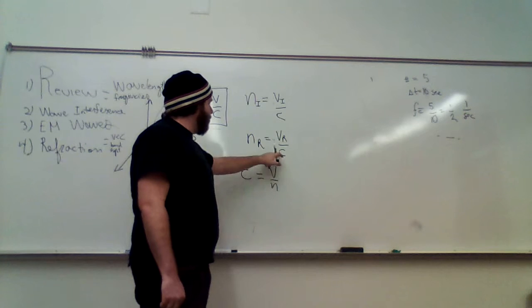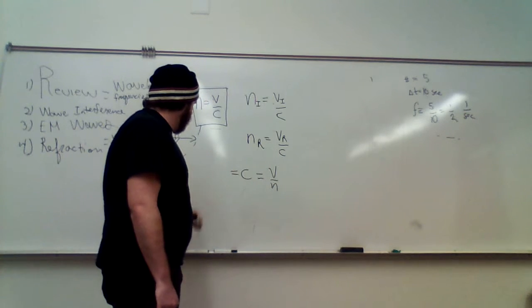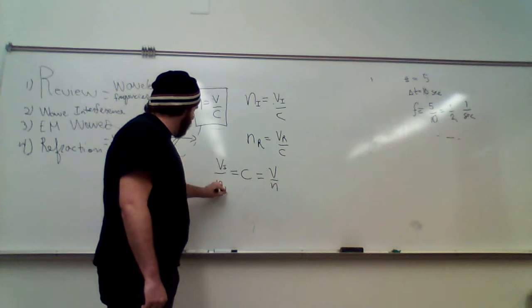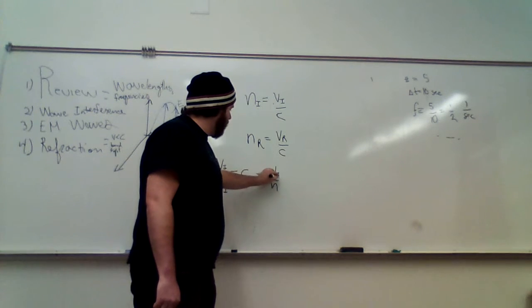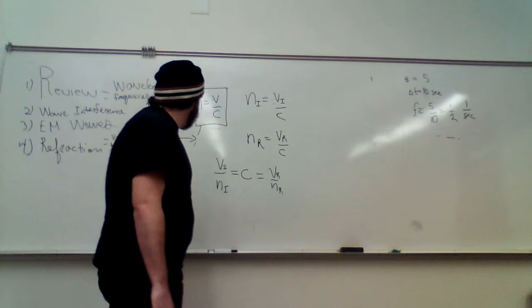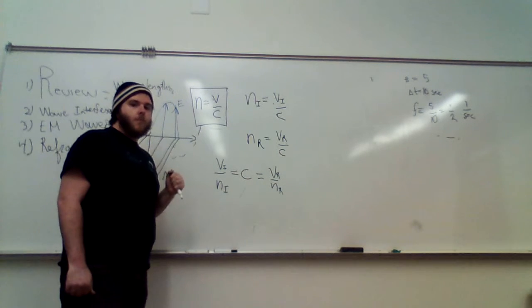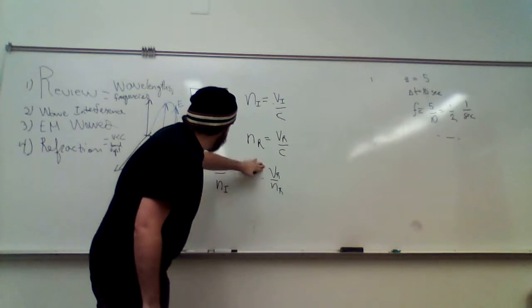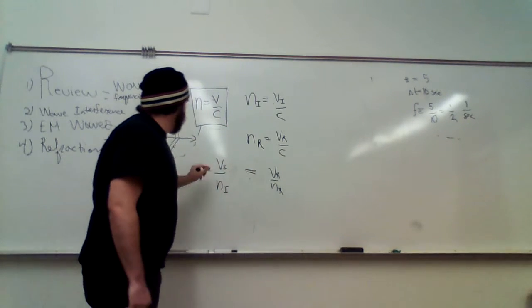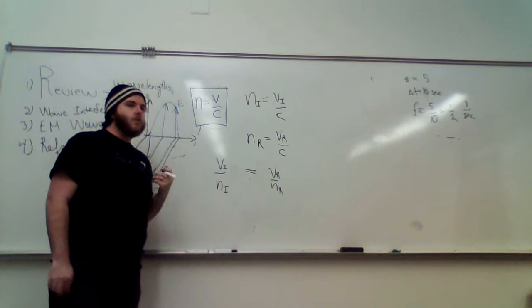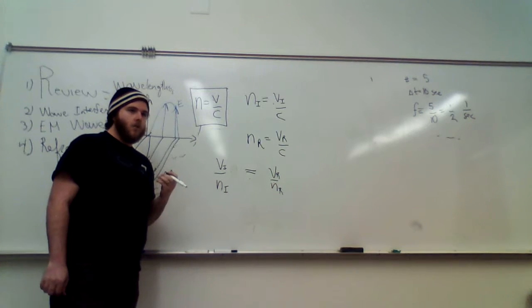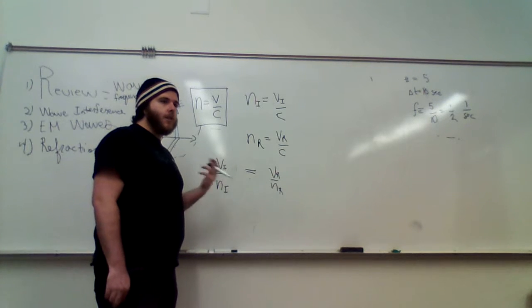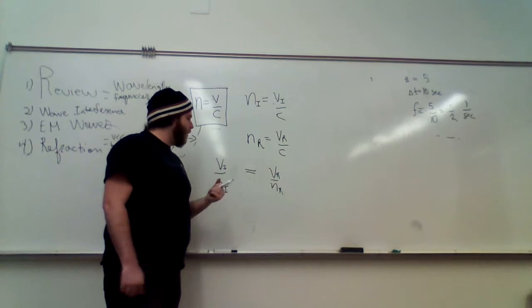Setting that the same on both sides, we derive this relationship, i.e. Vi over Ni is equal to Vr over Nr. Does that make sense? We just set it both sides equal to a constant, and since the same constant, okay?